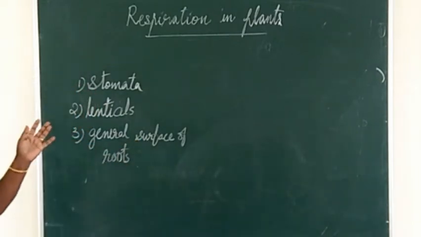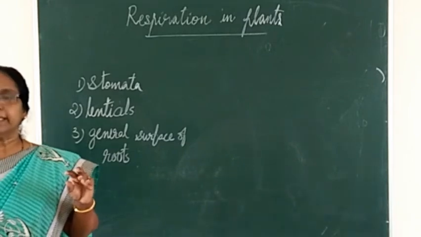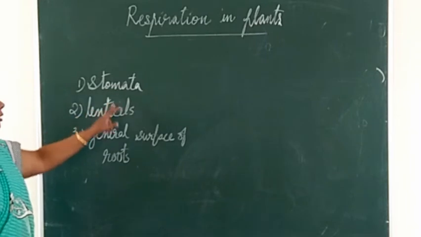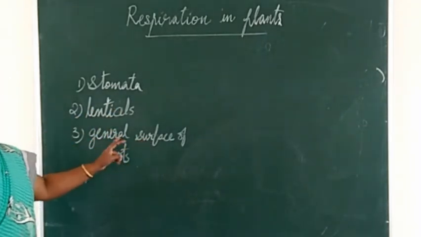So these are the three inlets by which a plant takes in oxygen. First is stomata, present in the leaves; lenticels, present in the stem; and the general surface of the root.